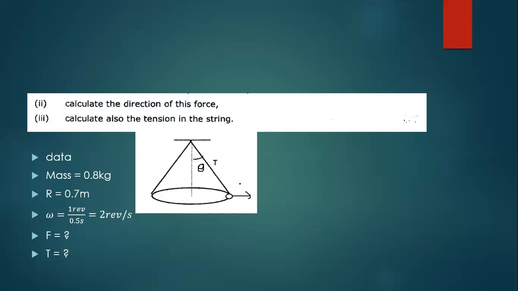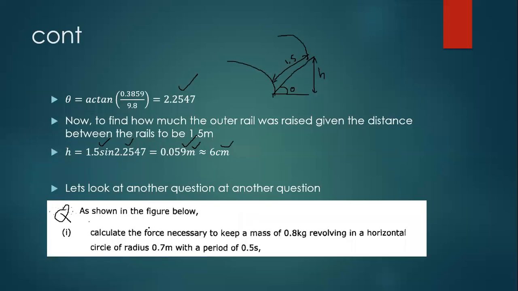Obviously, it's going to be centripetal force, and this is the calculated force necessary to keep a mass of 0.8 kg revolving in a horizontal circle of radius 0.7 meters with a period of 0.5 seconds. All right, period of 0.5 seconds. Do we all know what period is?